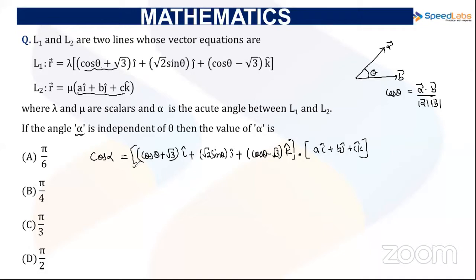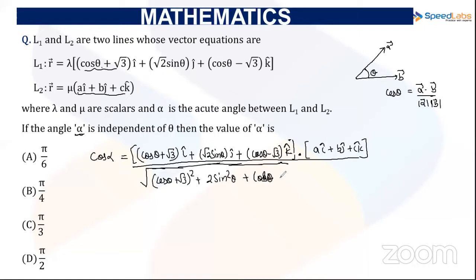So A dot B divided by the modulus of A. This expression will be long, so it will be the square root of (cos theta plus root 3) whole square plus (root 2 sin theta) square. So I'm directly writing it. It will be 2 sin square theta, and finally (cos theta minus root 3) whole square.